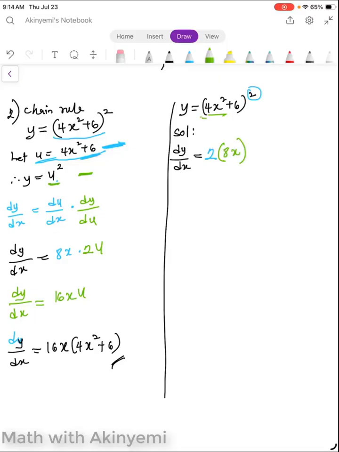Then we write this function again, into bracket 4x squared plus 6 to the power 2 minus 1.